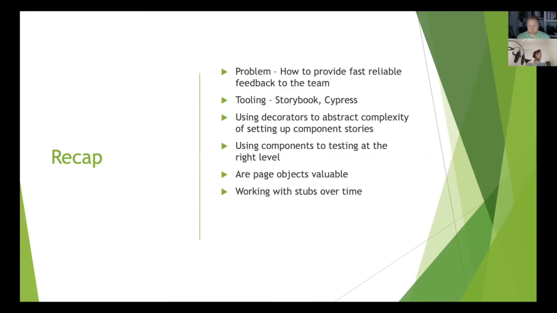We also had a look at how we can use decorators to abstract complexity when setting up the component stories, making it very easy for developers just to copy the component in and the data would go and find itself. We also spoke about how to test at the right level, testing lower level components in the correct place. We spoke briefly about page objects and their value to the project in this case. And then finally, we had a talk about working with stubs over time.